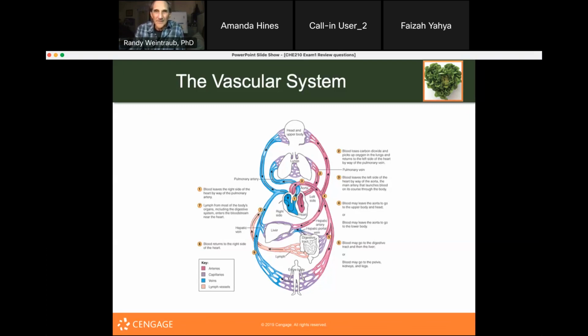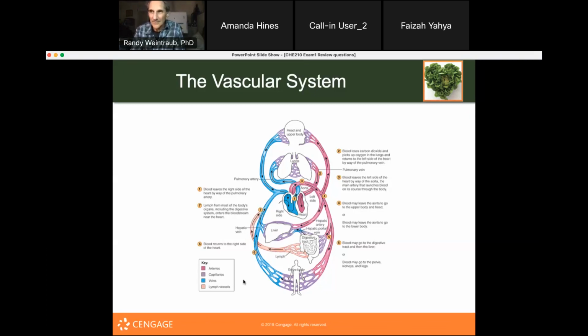We compare that to the lymphatic system, which moves the lipid or the fat-soluble nutrients until it can be made into a state that could be put into the bloodstream.